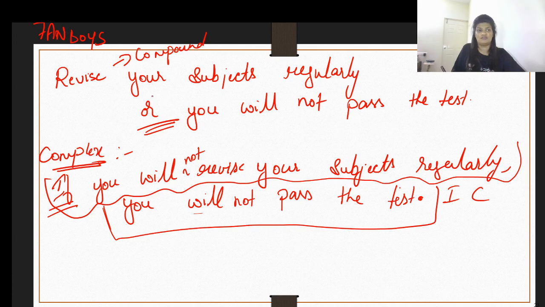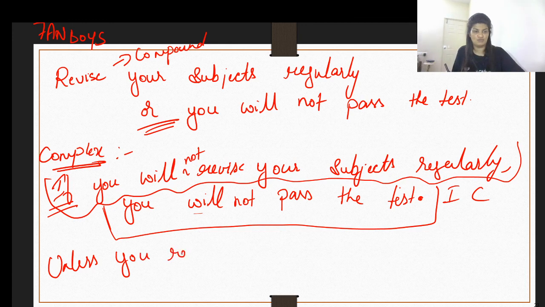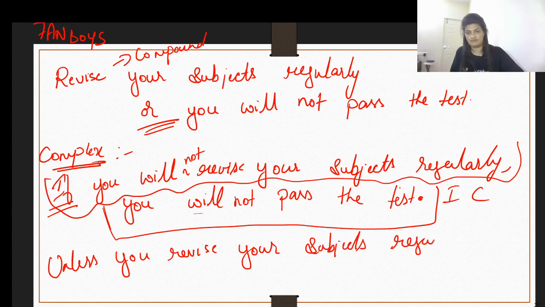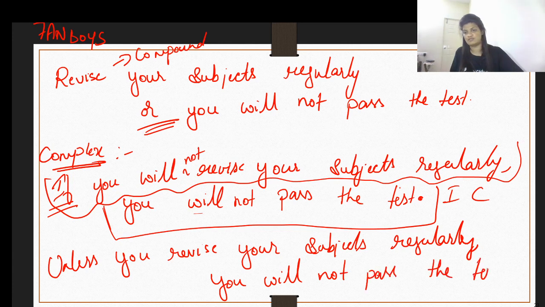You can also convert this in a different way with the conjunction unless. Unless you revise your subjects regularly, you will not pass the test. We have used unless over here and if over here.